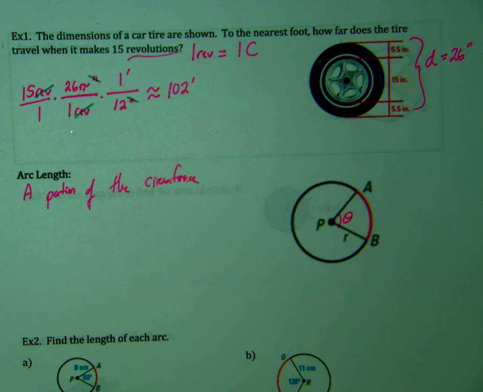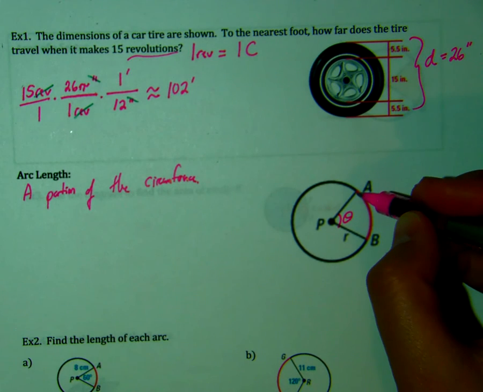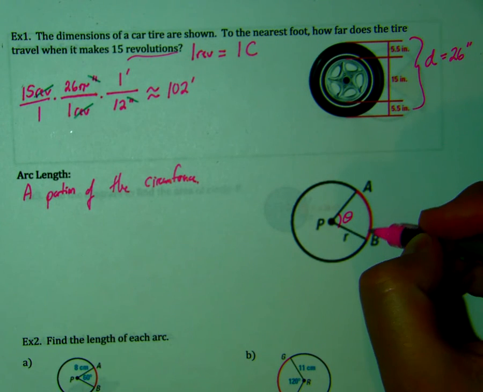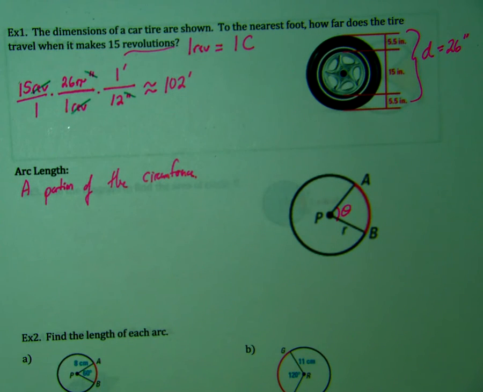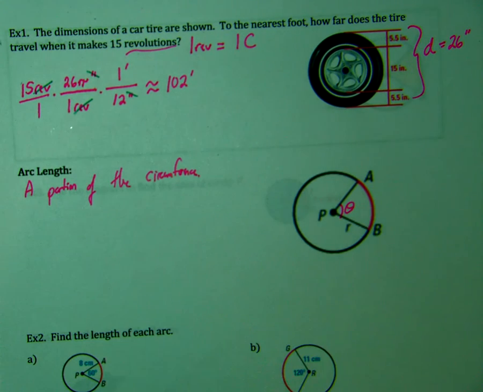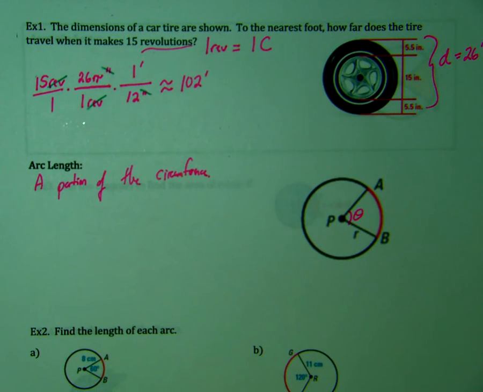The length of the arc is like if you grab some rope and traced out this end here, and then just measured how long the rope was. So the arc length is an actual linear measurement. The arc measure is a degree measurement, okay? So it's kind of a weird situation where like length and measure are actually two different things.